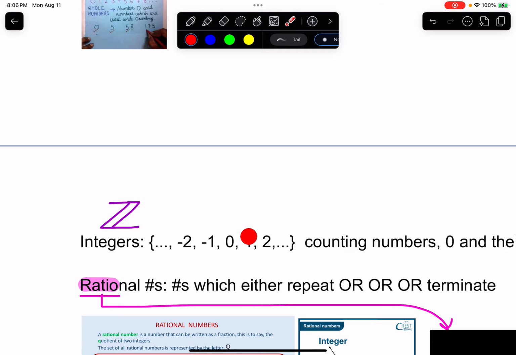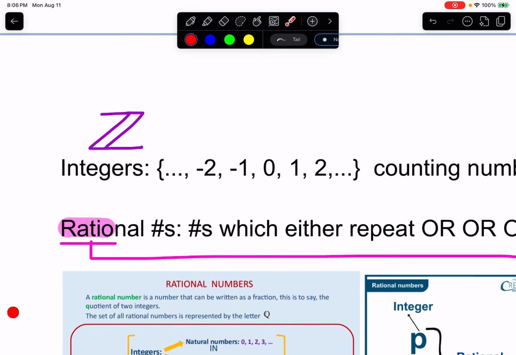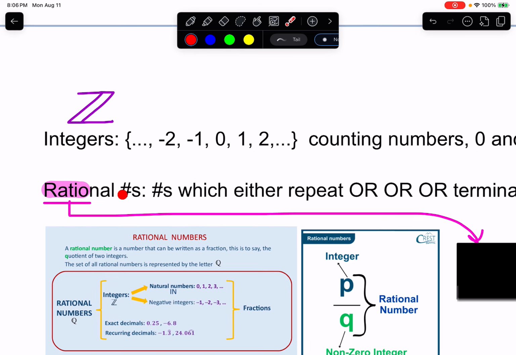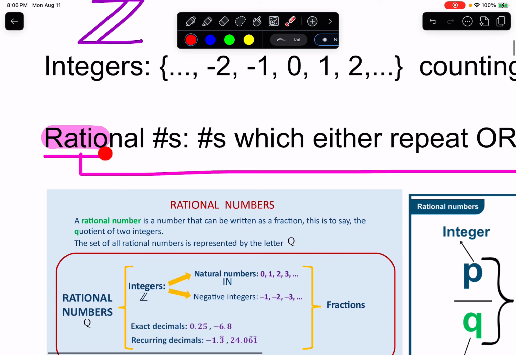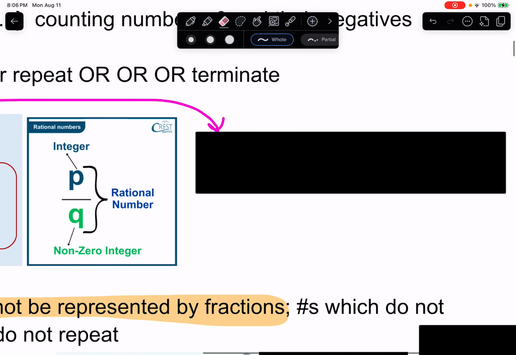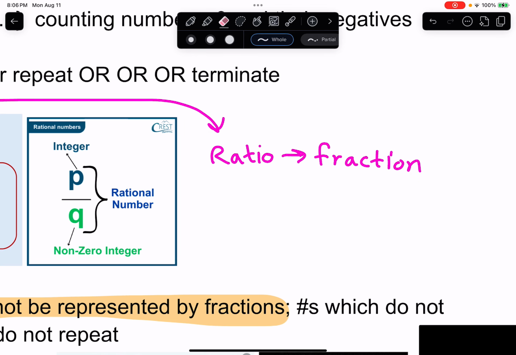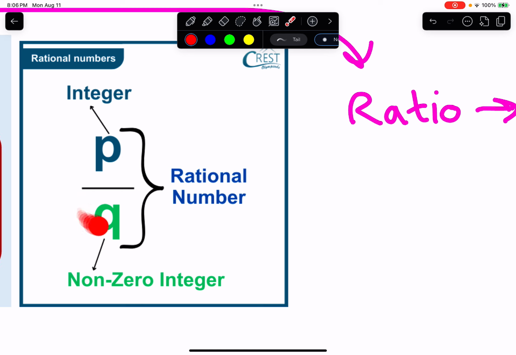Now if I take two integers and I divide them, I get the rational numbers. With rational numbers, I like to highlight that the first part of this is the word ratio, right? And hopefully we remember that a ratio is really just another way of saying a fraction. So here it says p over q. I'm dividing two integers.